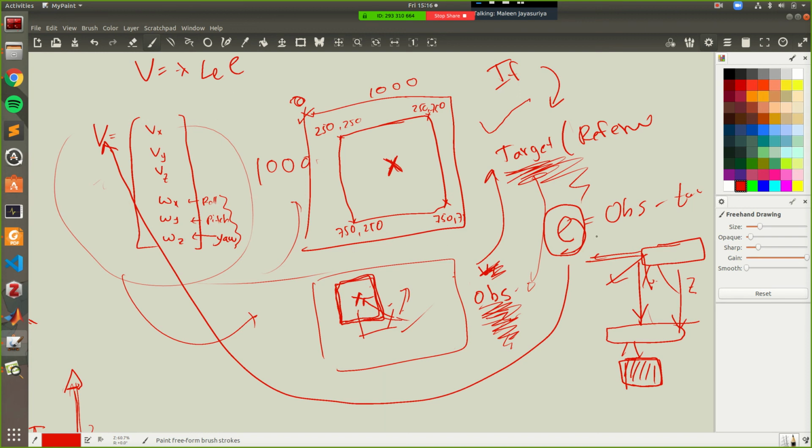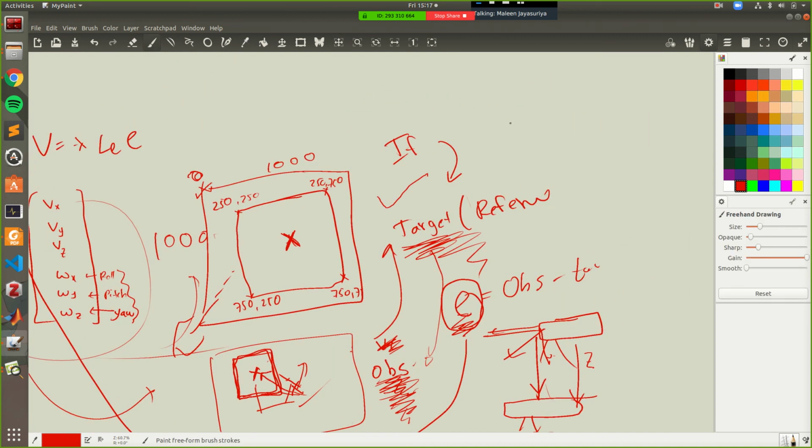And while this camera is going from here to here, you will do this constantly. You will keep observing, generating an error and generating v. Because, for example, if you come close to it and overshoot it, let's say this is where the output should be in the X direction, and this is where your output should be in the Y direction.